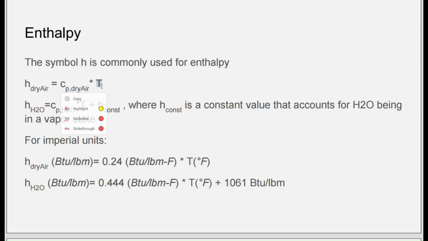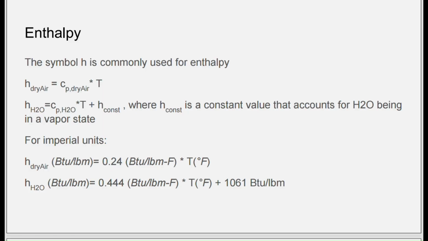You can simply do CP times T to get your enthalpy. For water vapor, we make it a little bit more complicated because we want to account for it being in a gas state. So what you do is CP times T plus 1061, and that represents the difference of its enthalpy when it's in a gas state versus a liquid state. So CP times T plus 1061 is how we get our vapor enthalpy.